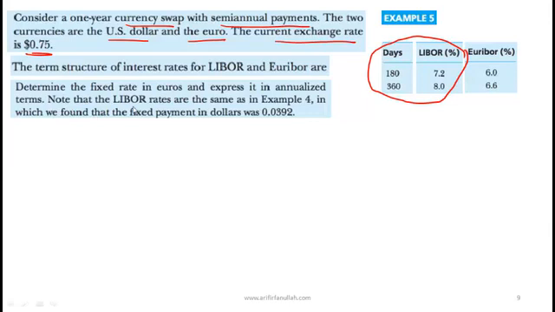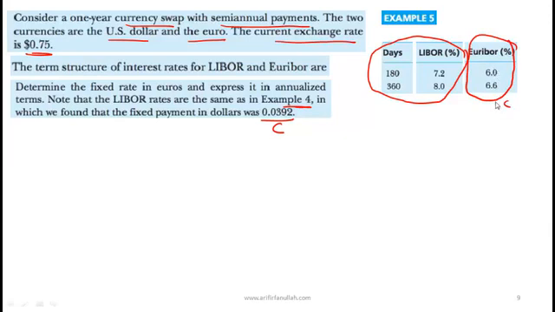Note the LIBOR rates are the same as in example 4, which we just did, in which we found that the fixed payment was this. So we calculated the C, which is the fixed payment for dollars based on these rates. What you need to do now is use that same method to come up with the fixed rate for euro given these rates.